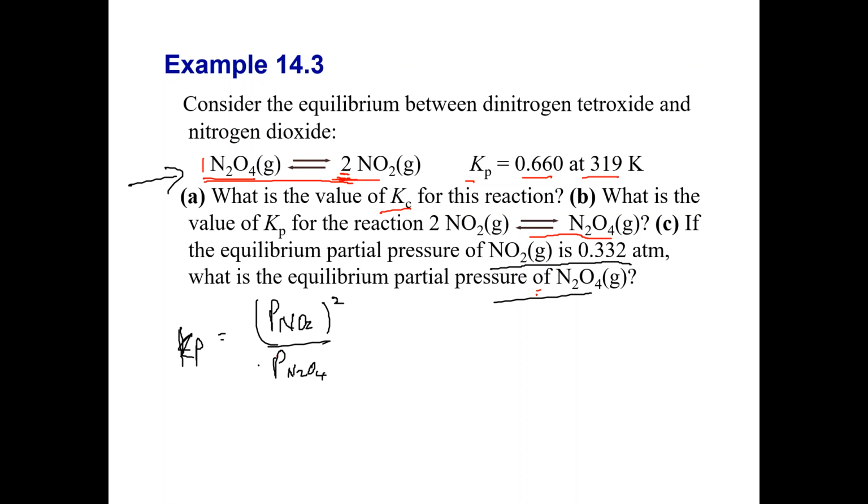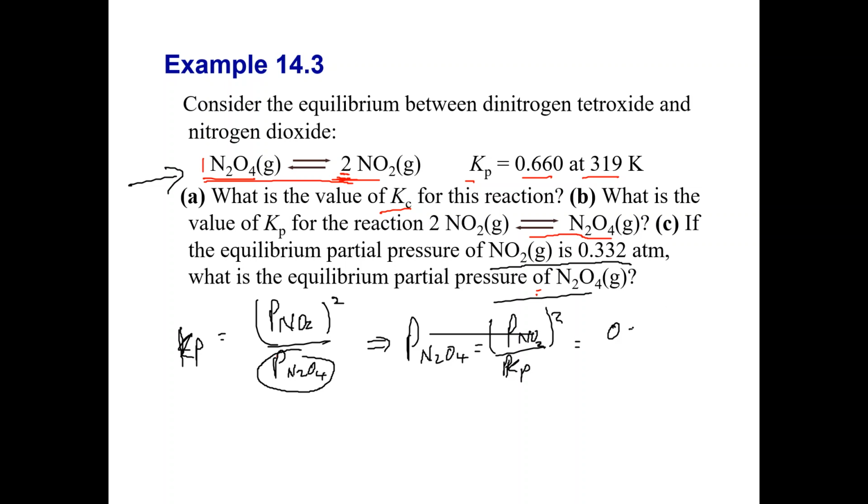So the question is asking for the partial pressure of N2O4. Therefore, the partial pressure of N2O4 will be equal to the partial pressure of NO2, which is squared, divided by Kp. So all we have to do from here is plug the numbers in.